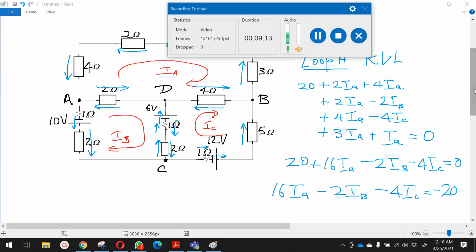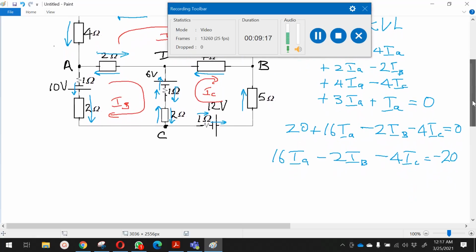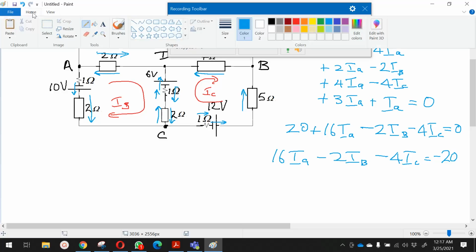Now I have to do the same identical thing for the other two loops. So let's go to loop B. Same idea: pick a starting point, any convenient starting point. I always like to start at a voltage. So this becomes 10 volts. Let me use a different color.